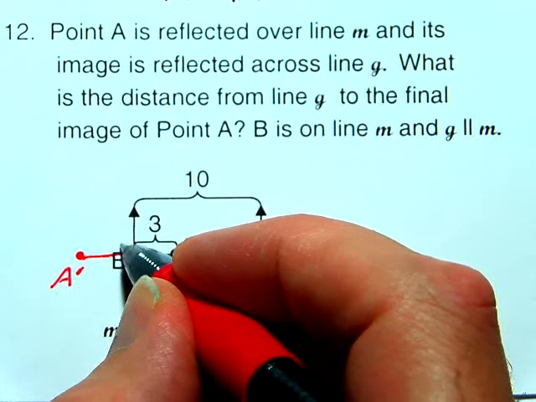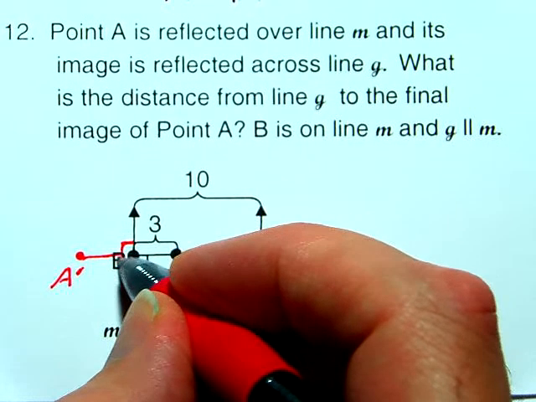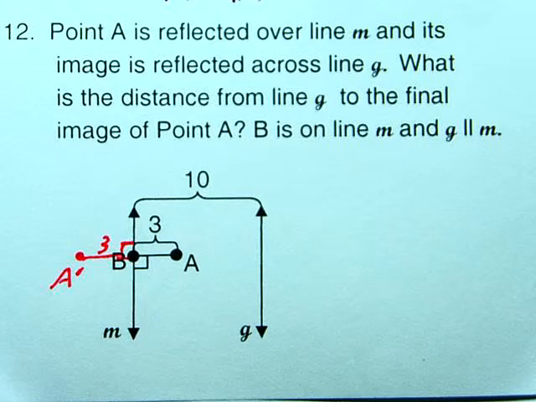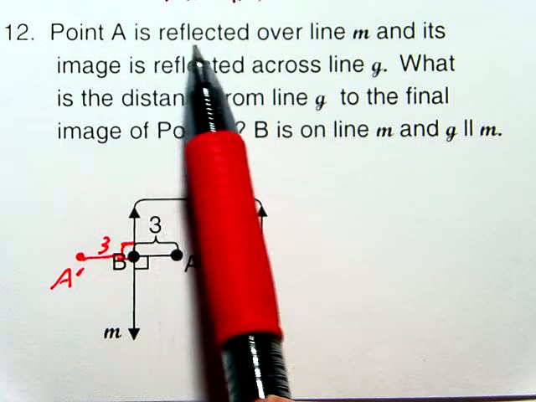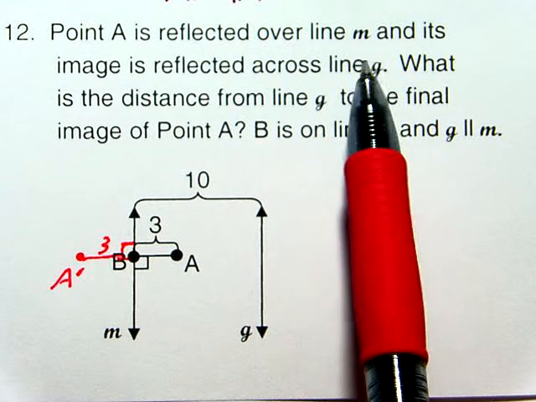And if we have a line segment here, we know this length is 3. So A prime is 3 units to the left of B on a perpendicular. That is what we get when we reflect point A over line M.